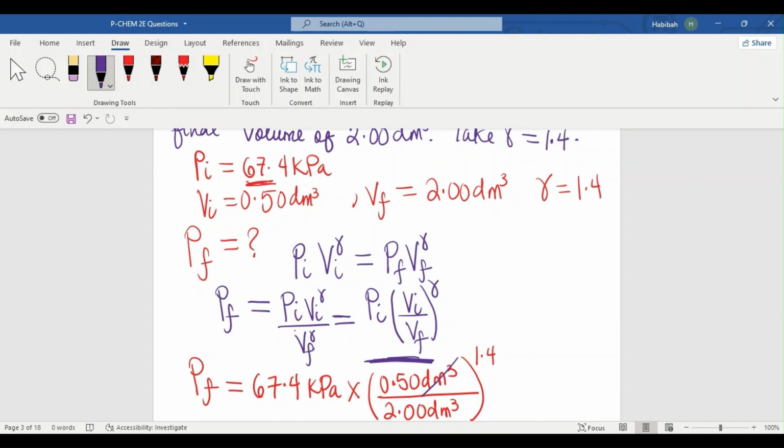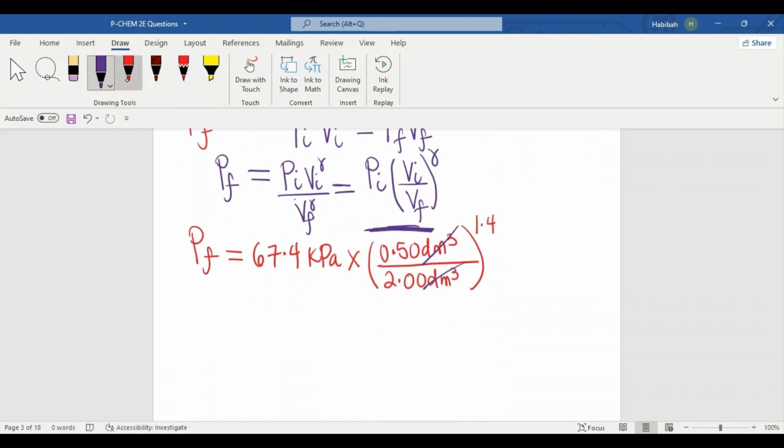Of course you cancel dm cubed. You now end up having P final equals 67.4 kilopascal times 0.50 divided by 2.00, we end up with 0.25 raised to the power of 1.4.